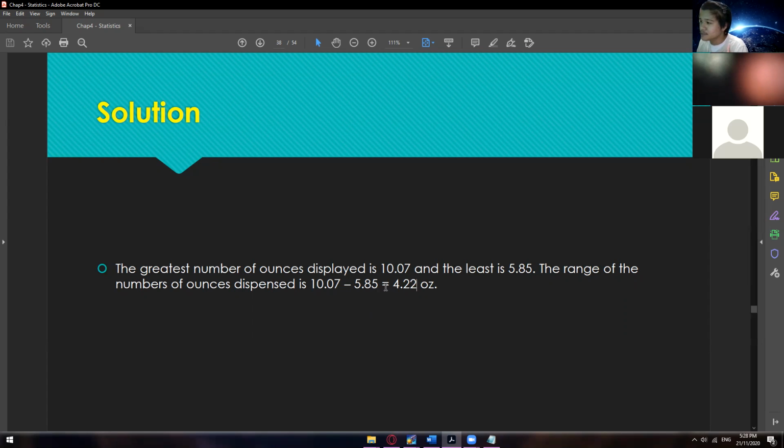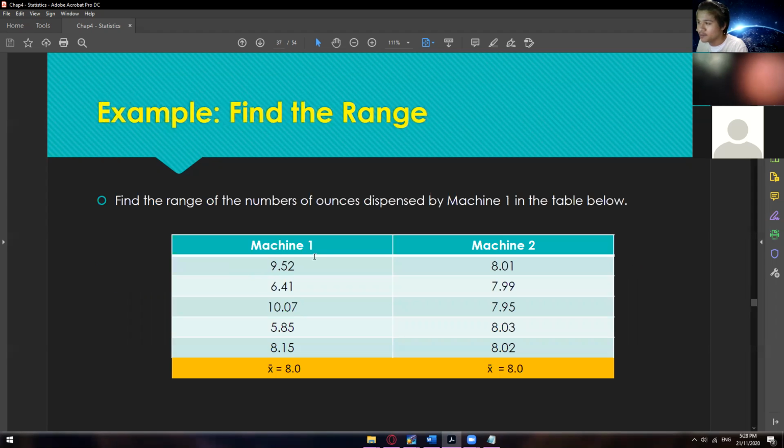But since we have 4.22, it's 4 times the expected margin of error. This is already too much, meaning you need to adjust that machine. So this is the solution for machine number 1.